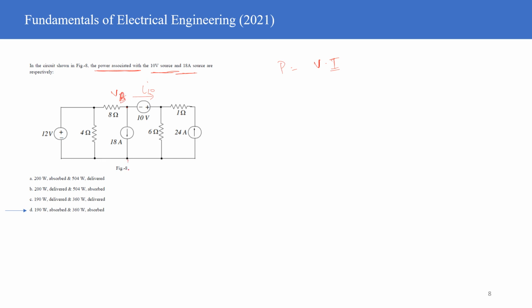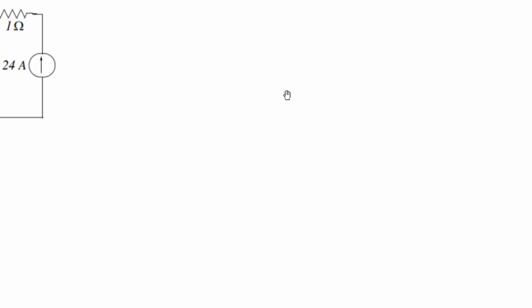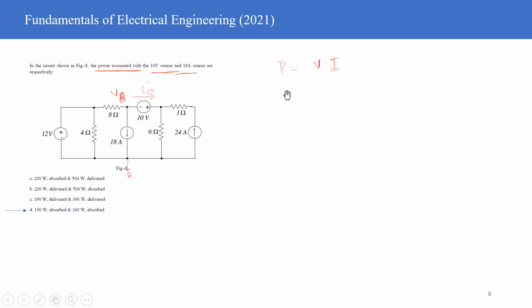And then I can ground this, right? So power for 10 volt will be 10 volt into I10, right?